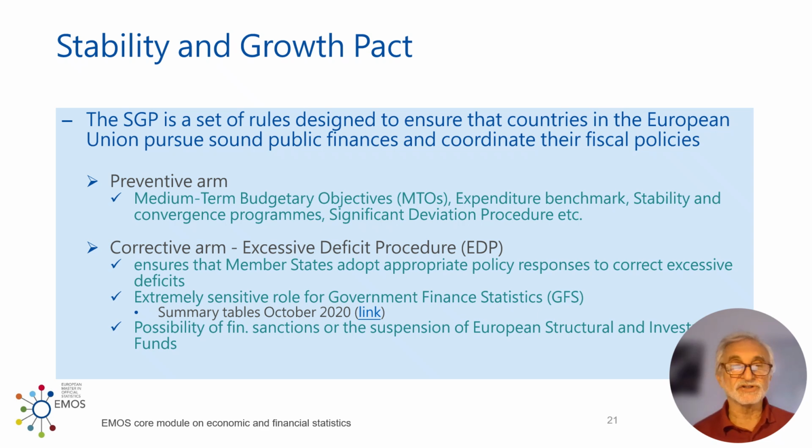So the idea is really that countries should have sound public finances, and with that they shouldn't interfere with other policy areas like monetary policy with unsound public finances. And you might remember there was a Greek fiscal crisis about 12 or 14 years ago. And also here, the fiscal policy or the fiscal data played an extremely important role.